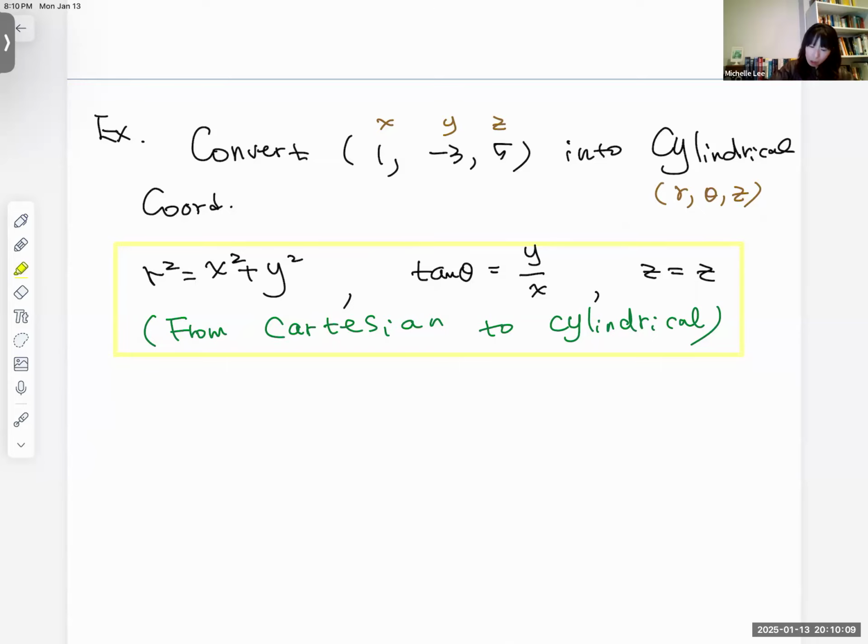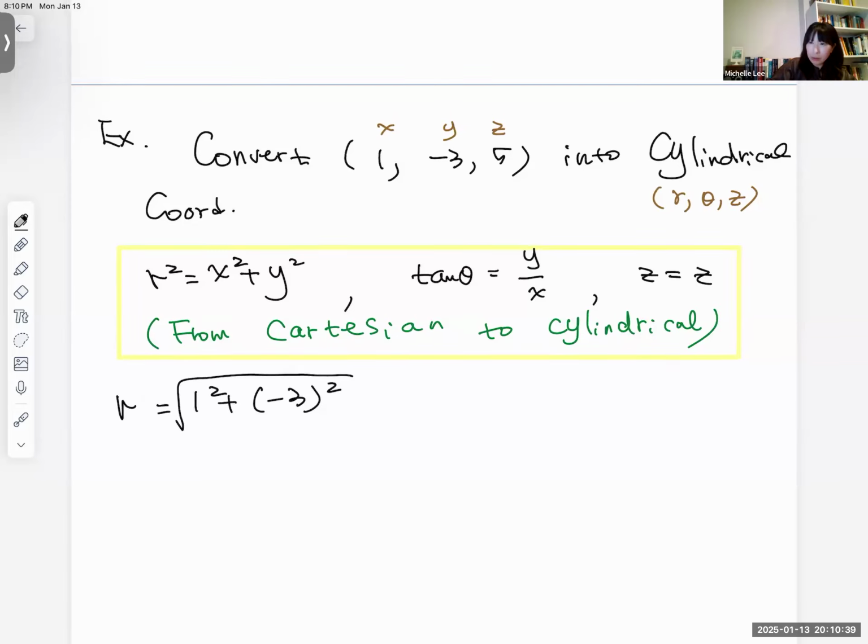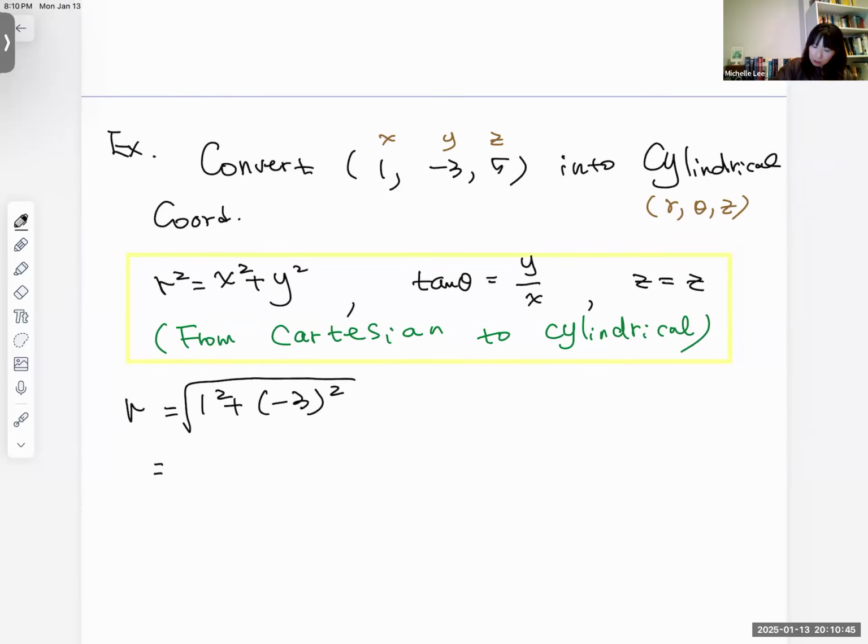So r squared is x squared plus y squared, so 1 squared plus negative 3 squared. We have to have r, theta, z. So can we do r directly, right? Instead of r squared, we can make it directly. Okay, then what do you get? We get square root of 10.